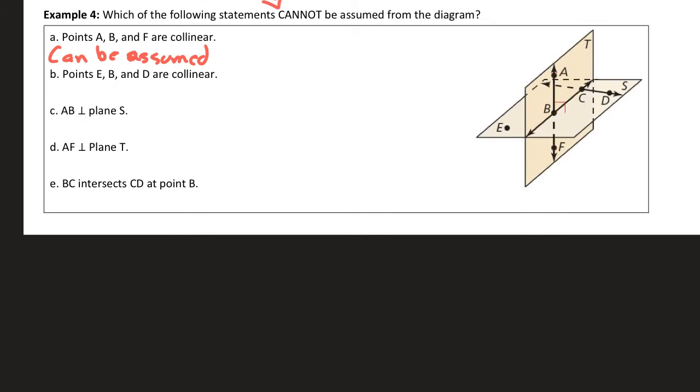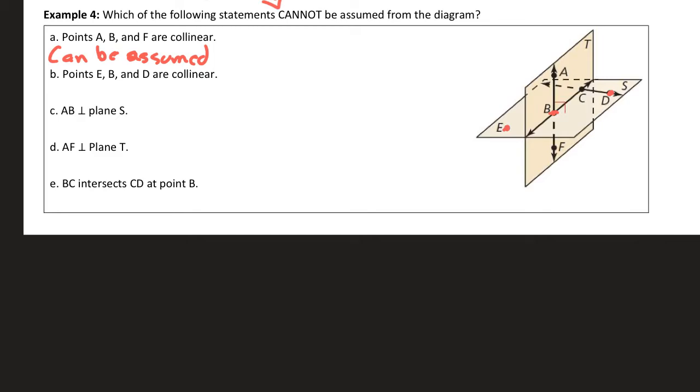Okay? Points E, B, and D are collinear. Look at E, B, and D. Now, if I look at them, it looks like I could draw a line through all three of those. However, there is no drawn line connecting them. So we can't assume that they are collinear, that they're part of the same line.